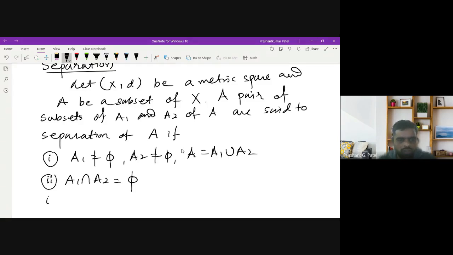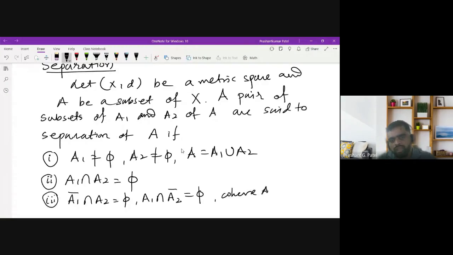And the third condition is that the closure of A1 intersection A2 is empty, and A1 intersection the closure of A2 is empty. Here A bar represents the closure of A.